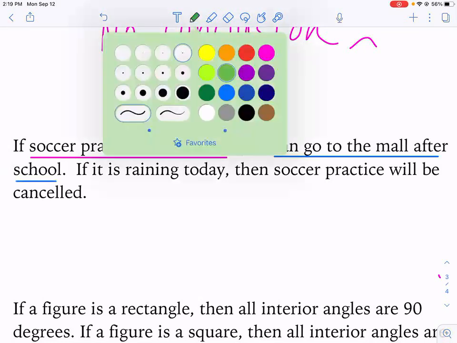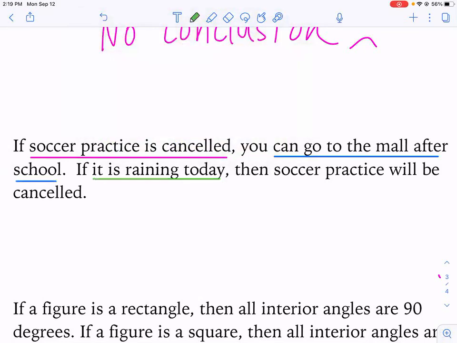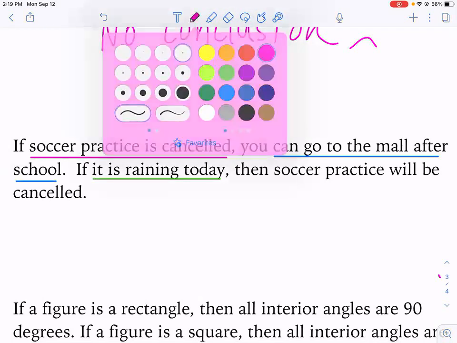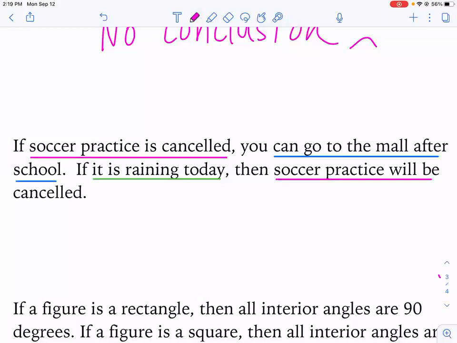If it is raining today, then soccer practice is canceled. You have 30 seconds to discuss at a very low level with your neighbor. What is the conclusion, if we can make one?